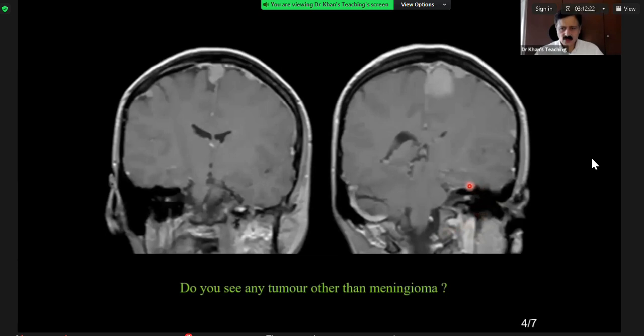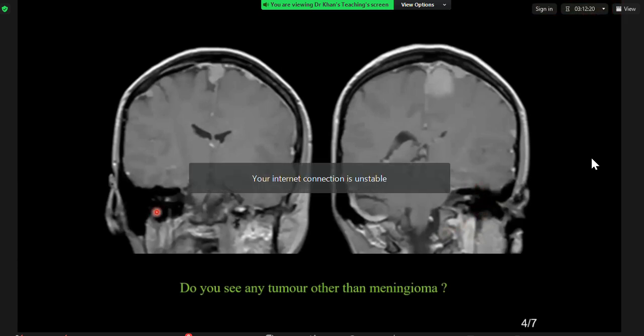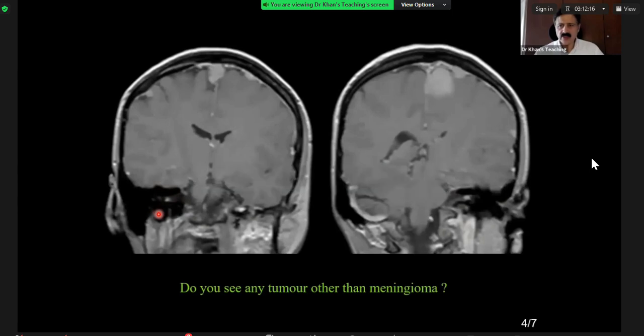Yeah, there is enhancement there. This is enhancing here. So what do you think it is?